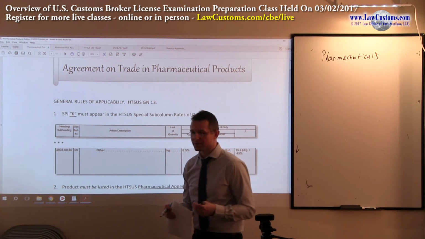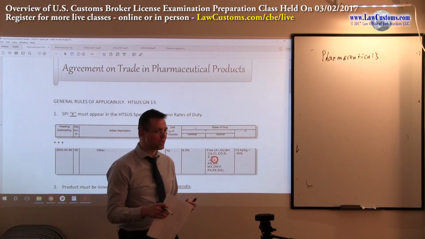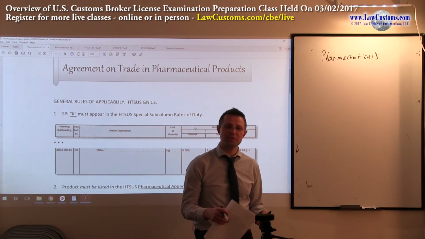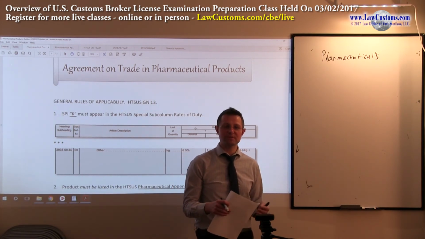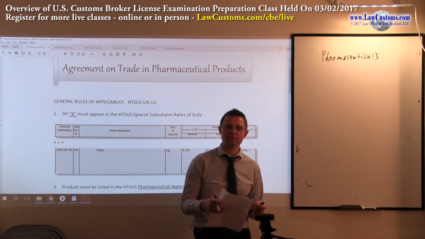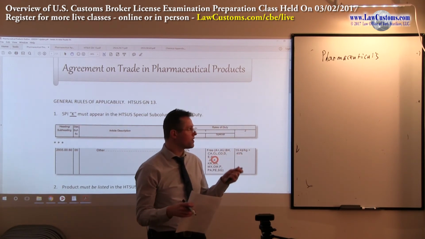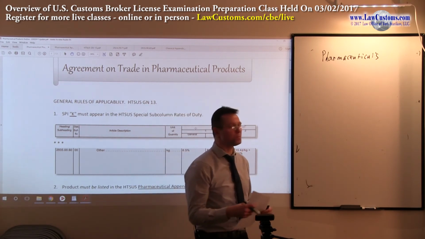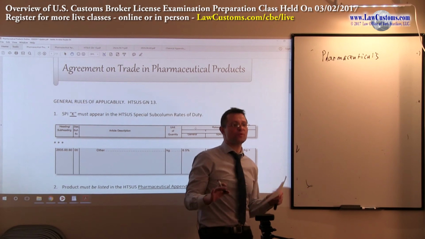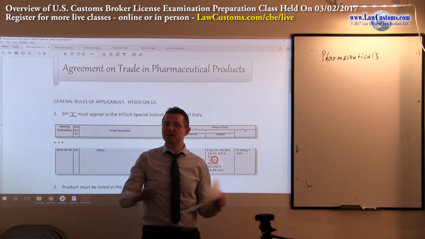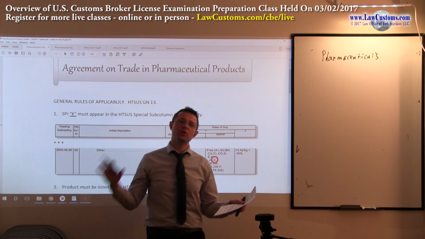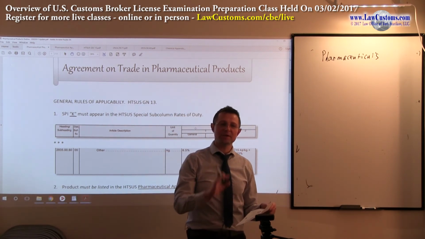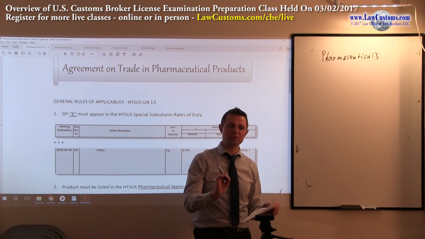And one way it came out in the context of customs is that the special interests that are related to pharmaceutical products, they came out in the form of this agreement on trade in pharmaceuticals, which pretty much says if this is a pharmaceutical product, irrespective of where it comes from, provided that it is qualified, we're going to give it a special treatment.